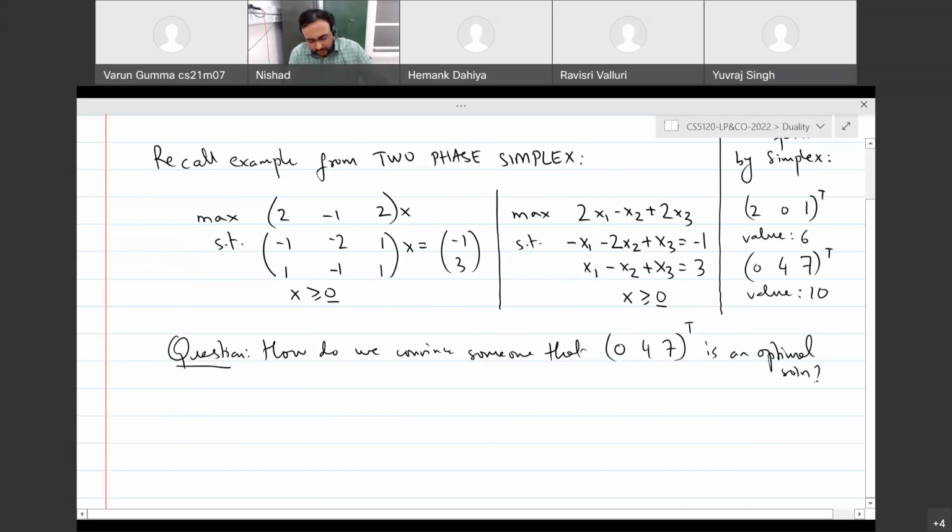Well, what is the value of (0, 4, 7)? The value is 10. So this is equivalent to convincing someone that 10 is an upper bound on the optimal value, or it is the upper bound on the value of any feasible solution.